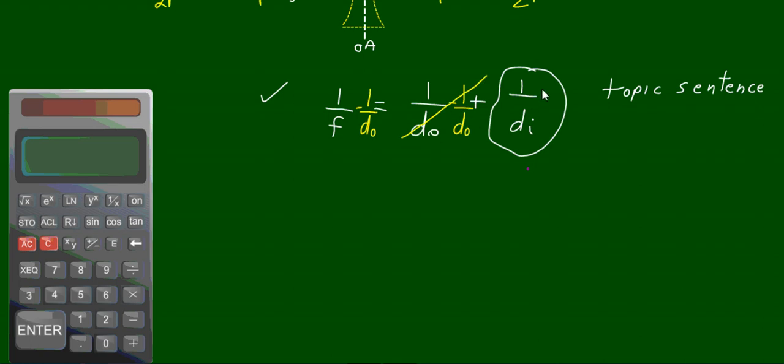This cancels out, and I successfully isolated 1 over d sub i. By simplifying and rearranging, I end up with an equation that we can solve in terms of 1 over d sub i, or the reciprocal, and that will be equal to 1 over f minus 1 over d sub O.